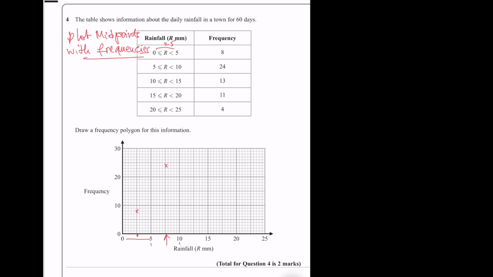Then 13, then between midpoint of 15 to 20 is 17.5, but you don't have to find it, just plot it with 11. And the last one is 20 to 25, the midpoint, plot it with 4.